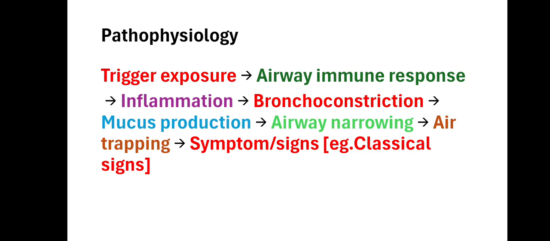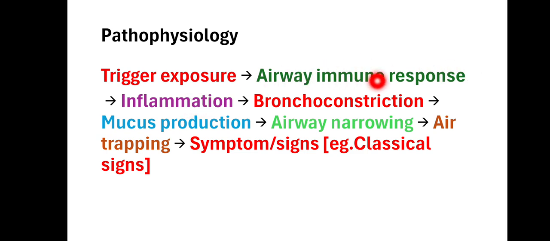So in the pathophysiology, we are saying there are triggers in the environment. These triggers can be dust, pollen grains, allergic reaction, anything you are allergic to. Whenever this gets into the airways, it is going to cause an airway immune response. You know, with the immune response, inflammation is always there.